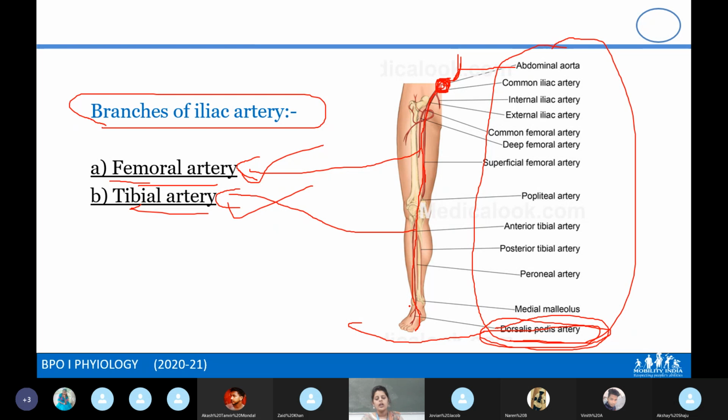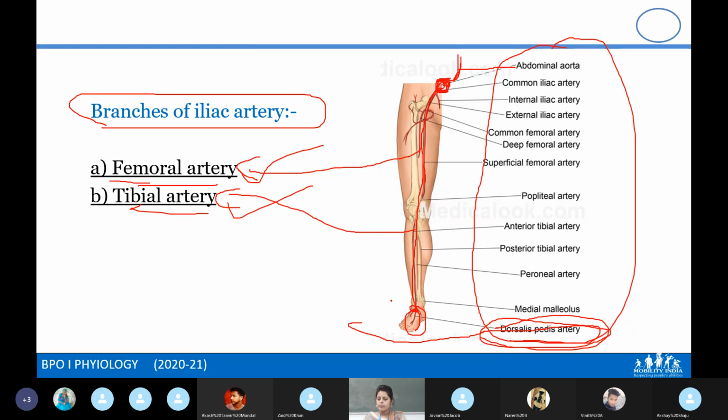Dorsalis pedis artery. You all can do one thing now. Just in your foot, find this area, and keep your two fingers smoothly over that area, and see whether you are feeling a pulse. That artery is very important. Why?